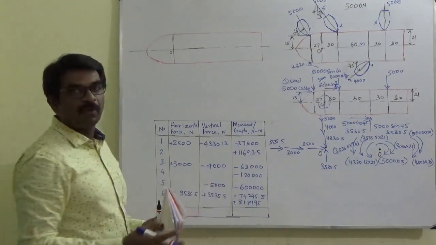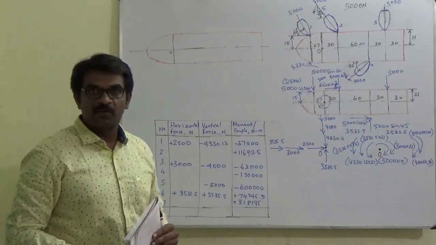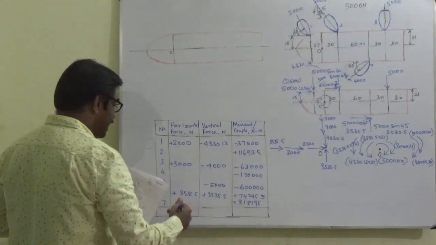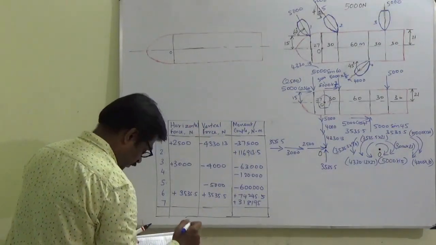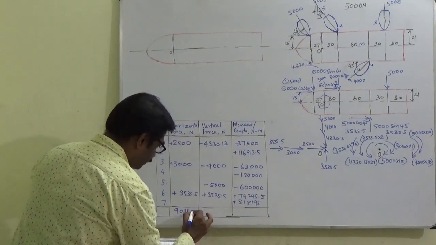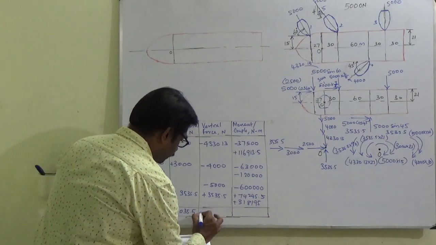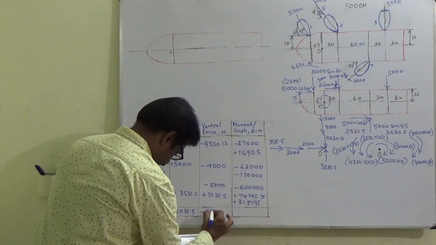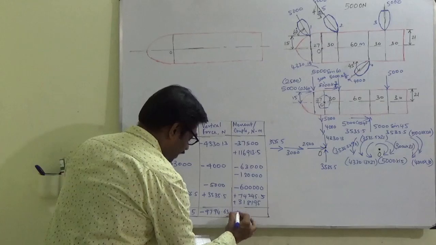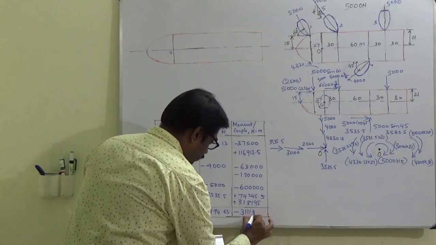Okay, now what do we have to do? We have to sum all the horizontal forces and vertical forces. We have to add all the couples. Upon adding, 9035.5, minus 9794.63, minus 31146.